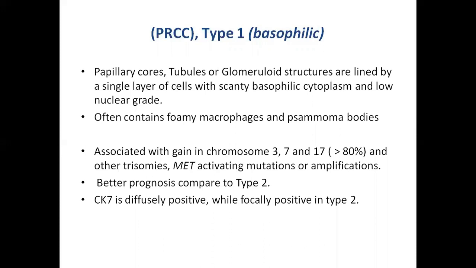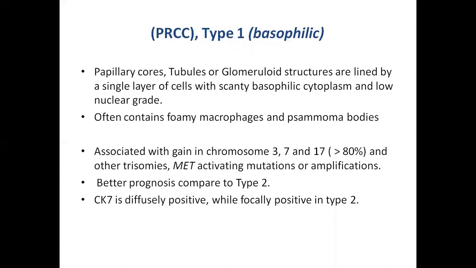That is one reason that on low power they appear very bluish. When we compare it to type 2, type 2 is very eosinophilic, and morphologically they have papillary cores, but they can have a tubular appearance, they can have a glomeruloid type of architecture, or even a solid appearance as well.